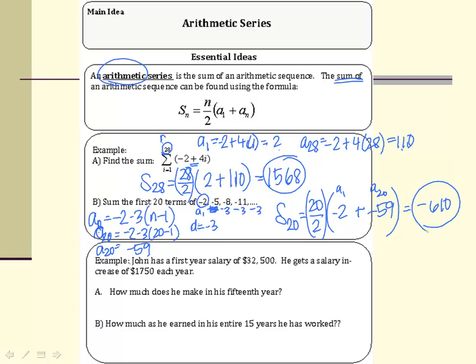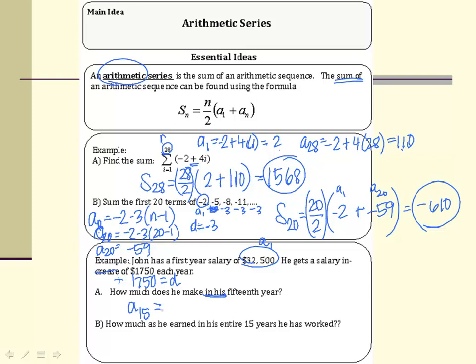All right, last example. John has a first-year salary of $32,500. He gets a salary increase, so he's adding $1,750 per year. That's my d. My first-year salary is my first term. How much does he make in his 15th year means find the 15th term.